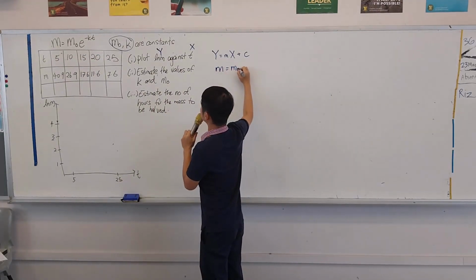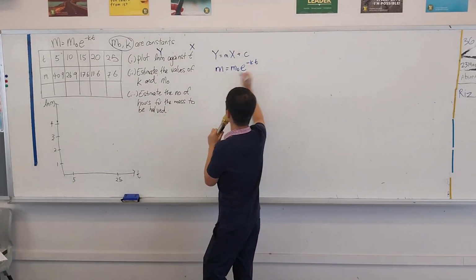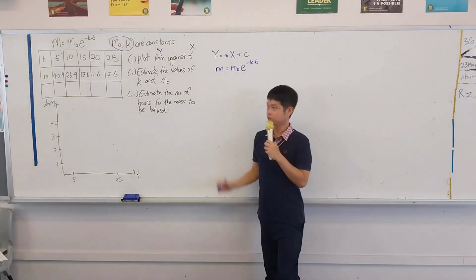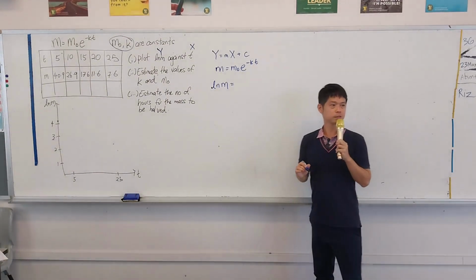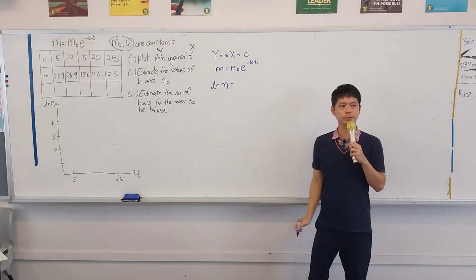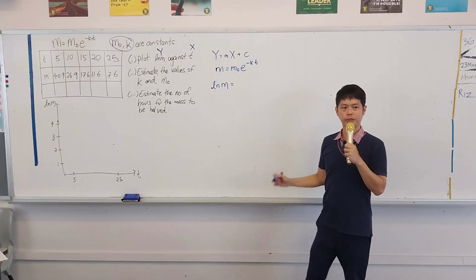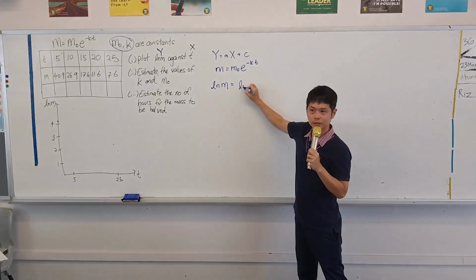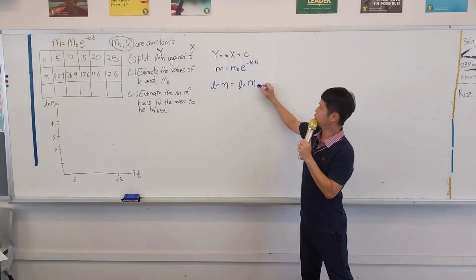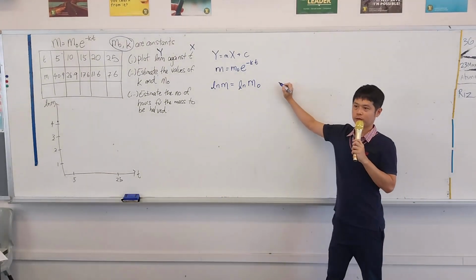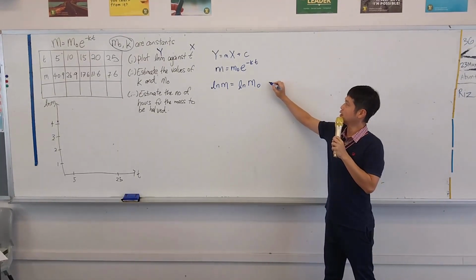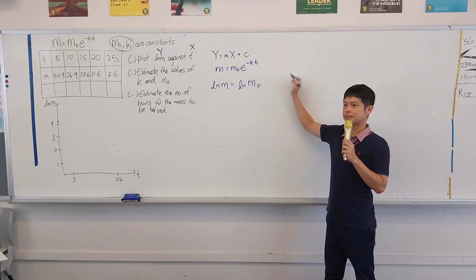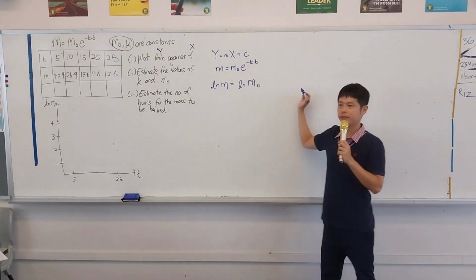So let's start with this. M equals to m0 e power negative kt. I ln both sides. So if I ln both sides, what will I get on the right hand side? Can we skip one step? By now you should know already. Ln m0, but you plus, then later you bring down the negative kt.